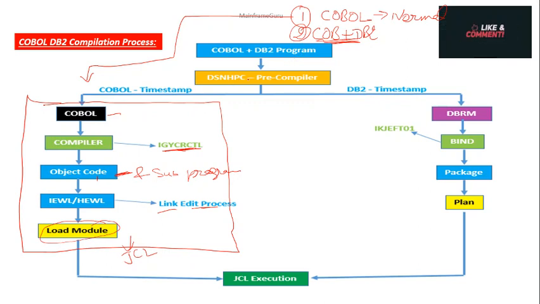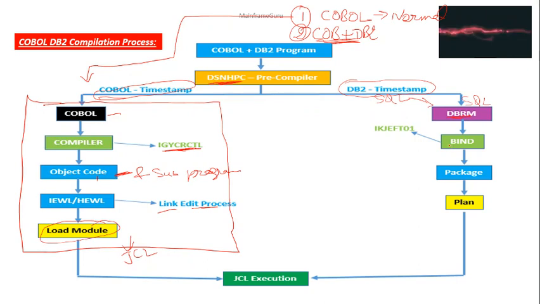Then we have one pre-compiler, DSNHPC. It separates our COBOL statements with a timestamp and the DB2 SQL statements with a timestamp at different locations. The SQL executable statements are stored in the DBRM library. What is DBRM? It's a database request module in which there are SQL executable statements.